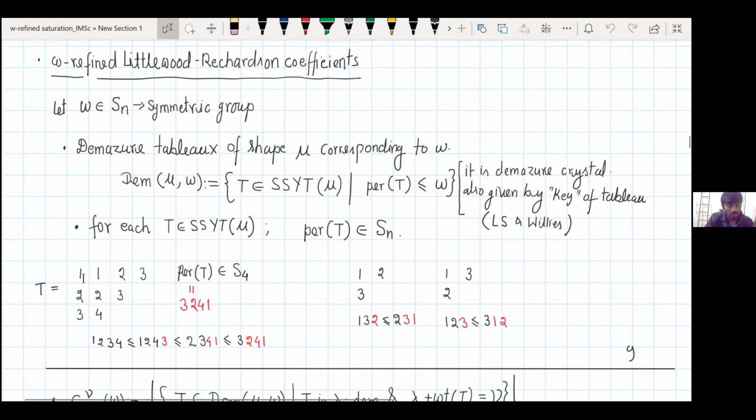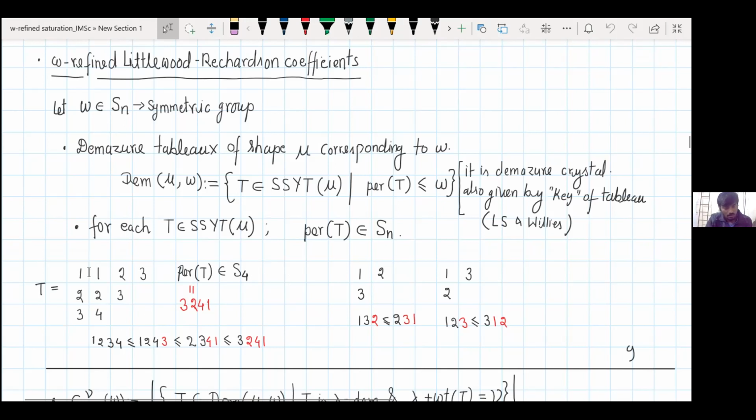Suppose there is a tableau with rows 1 1 2 3, 2 2 3, and 3 4. Start with the first row, first column, and see what the maximum entry in this tableau is. Here it's 4, so the permutation associated to T will be of type S4. Certainly it embeds in higher groups too, like S5 and S6, but it will be in S4.